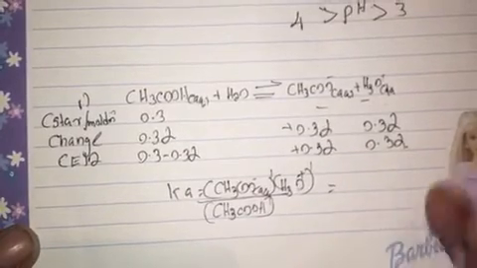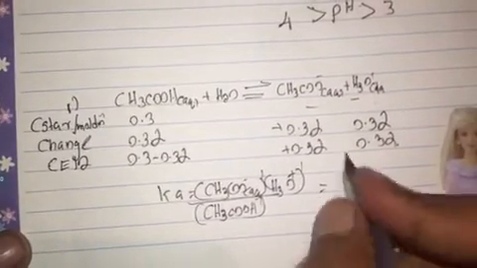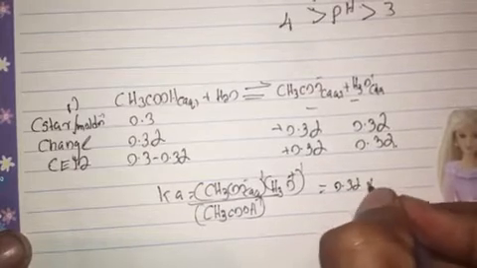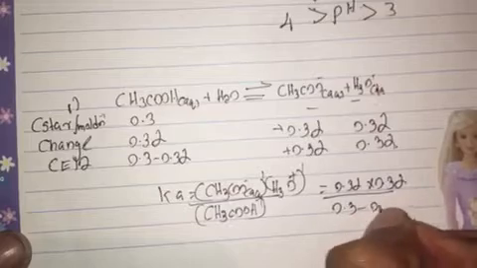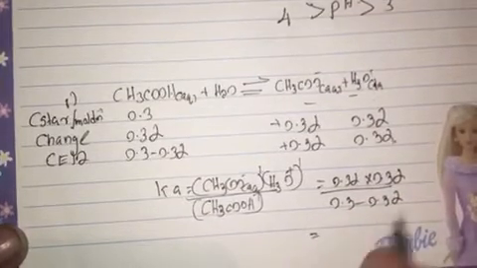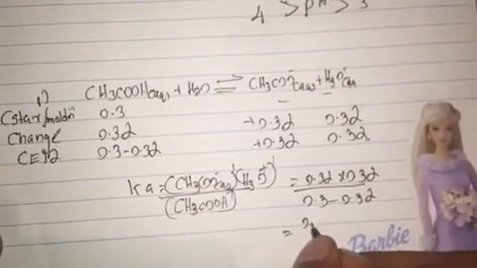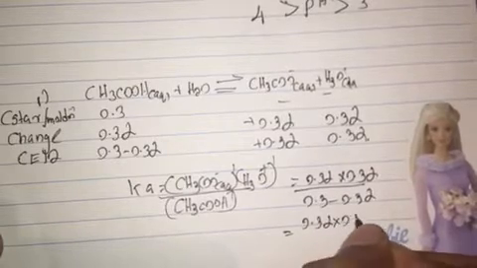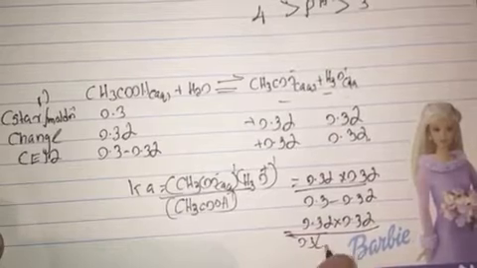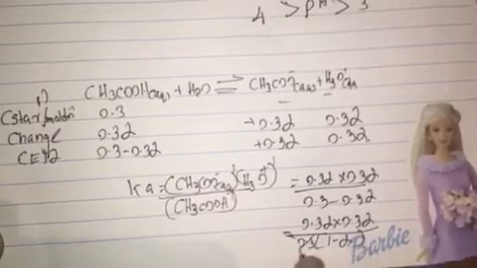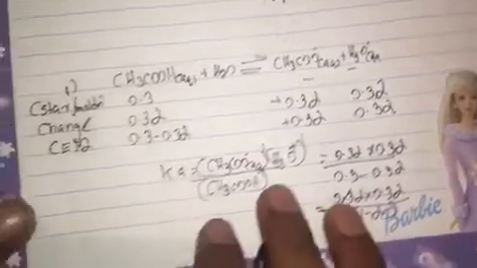Now apply these values: 0.3 alpha, 0.3 alpha, over 0.3 minus 0.3 alpha. Now we can simplify. We can pull out 0.3, 1 minus alpha, and cancel out 0.3.